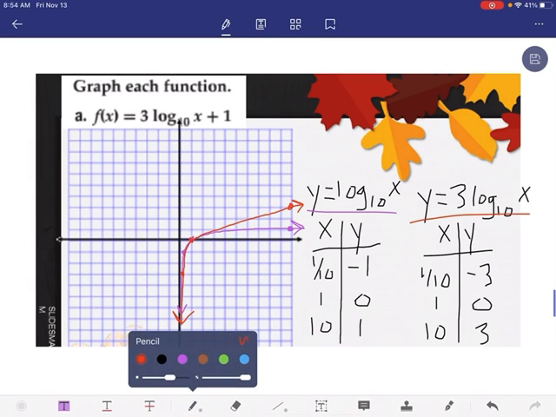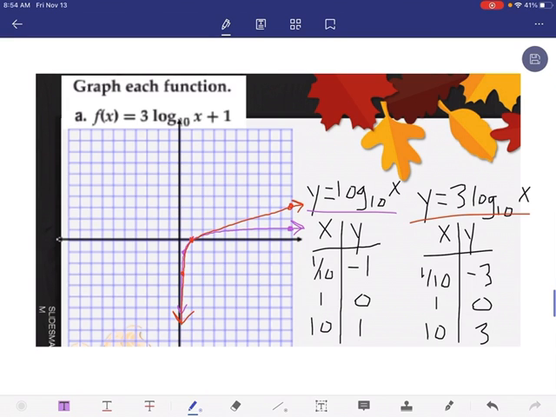So then our last step is going to be looking at our final transformation, which notice that because the +1 does not have a parentheses around it, that means that it is not inside of our logarithm, it's outside of our logarithm, which means that we're going to be moving everything up 1 spot. So that would be our final graph.